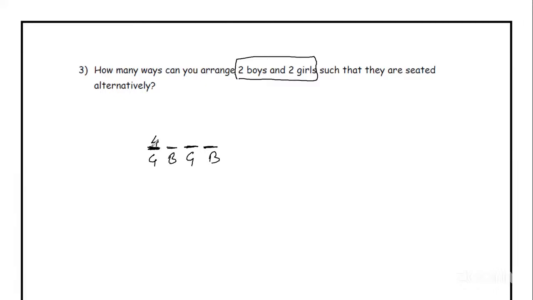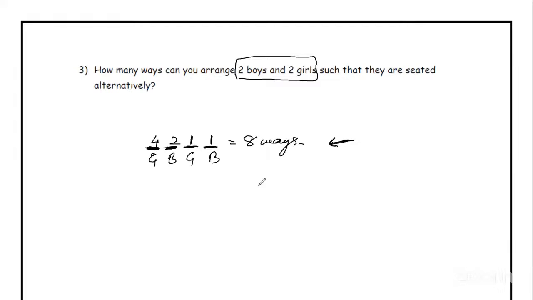Since one girl is already seated, there is only one option for the third dash. And because a girl is seated first, there are 2 boys remaining, so the second dash has 2 options. And for the last one, there's only one option because one of the boys is already seated. So there are 8 ways directly. I can solve it this way, but this is slightly difficult to understand.